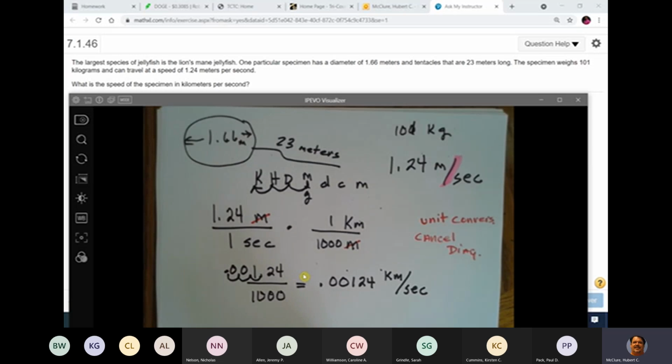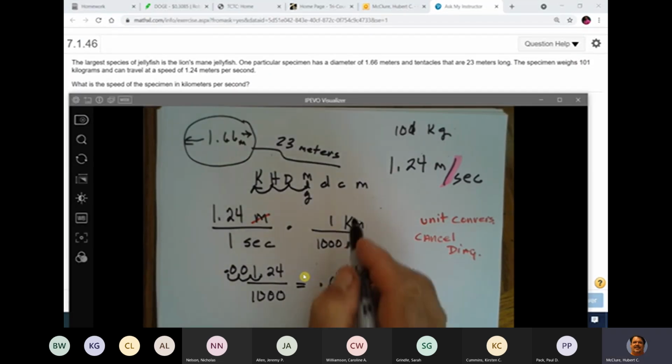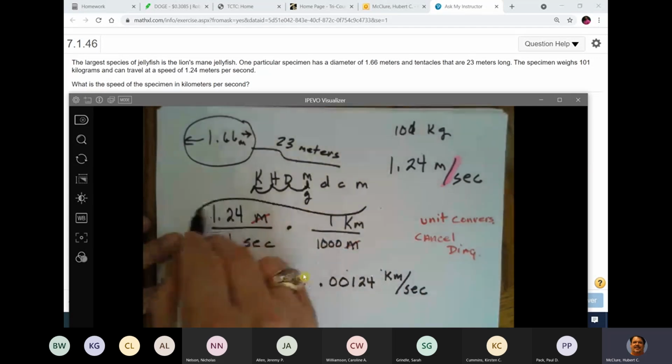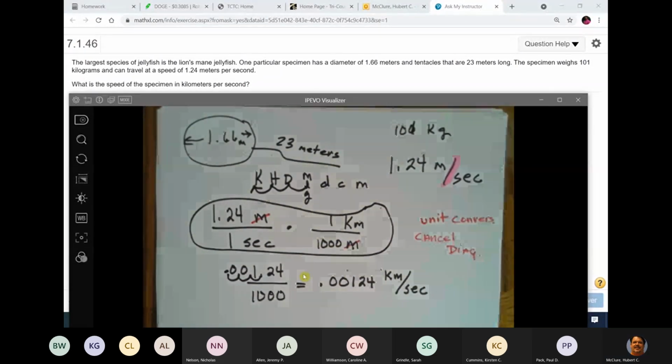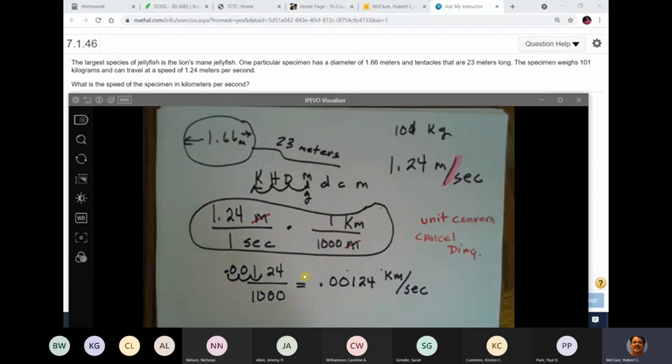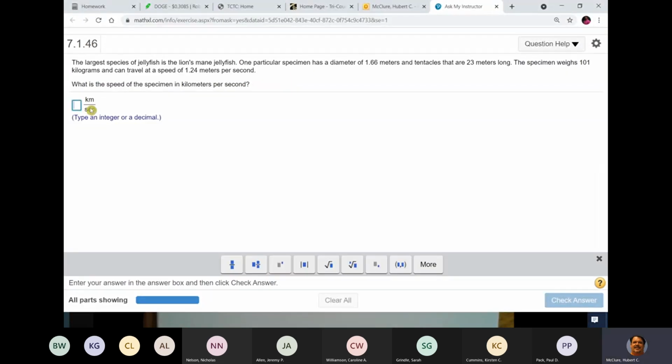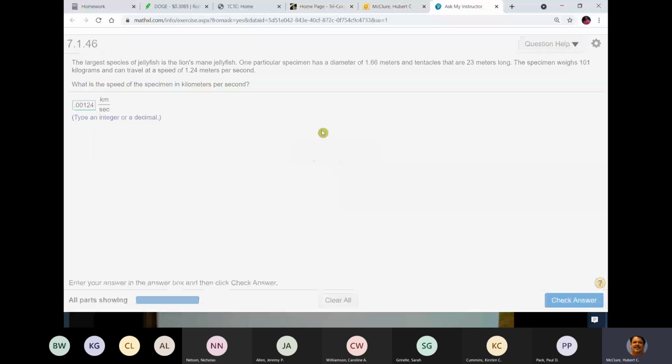Okay? I would suggest doing it this way because it's less confusing. And that's a unit conversion. 0.00124. Yay! Good test question.